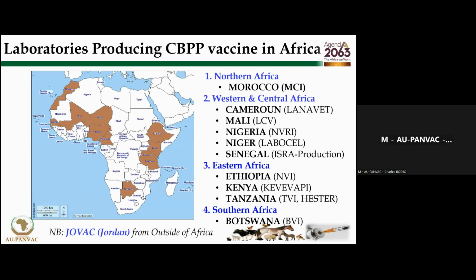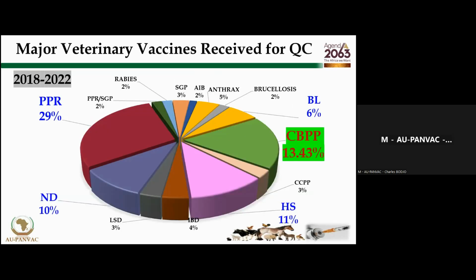In addition, based on the vaccines submitted to us in PANVAC for quality control, we also have an external company, coming from Jordan, WOAH, which also submits CBPP vaccine to us for quality control.